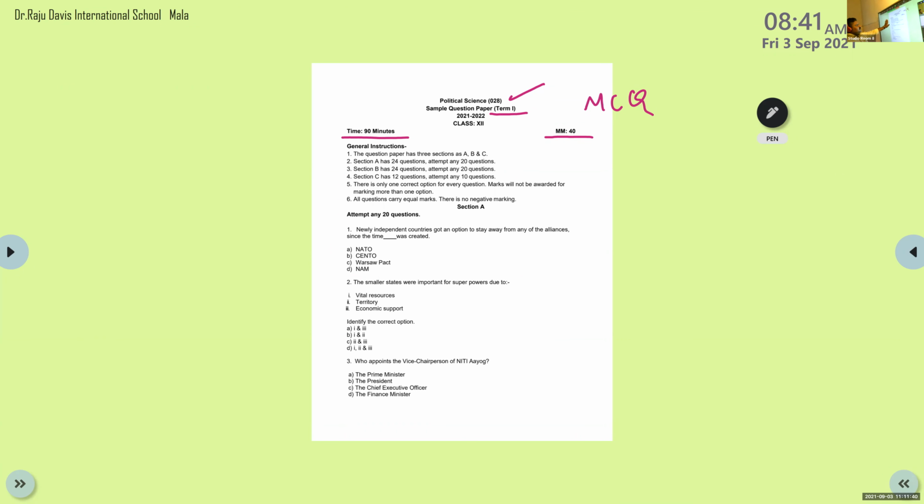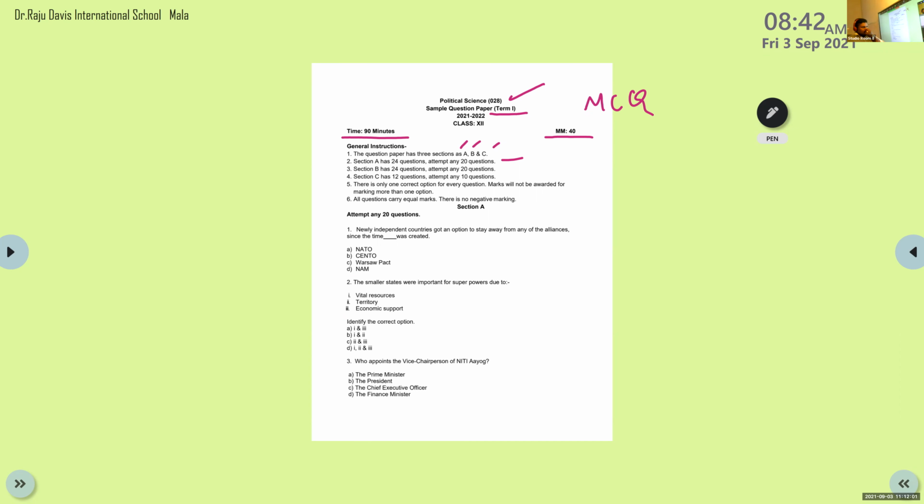So you can see the general instructions here. The question paper has 3 sections, A, B, and C. Section A consists of 24 questions. Out of the 24, you should attempt any 20 questions.